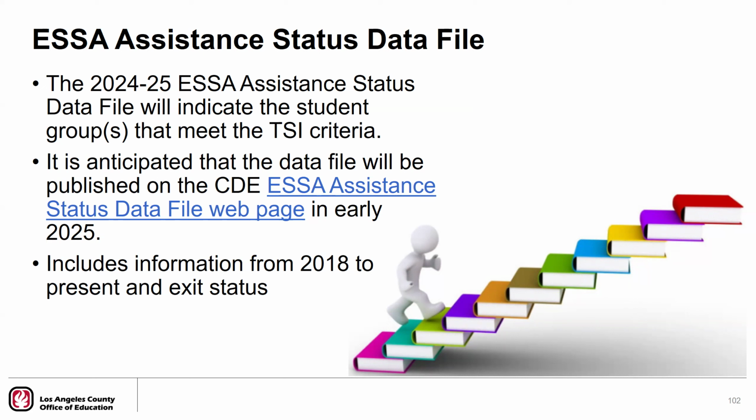This file includes information from 2018 to present, identification for TSI based on the 2023 and 2024 dashboard, and exit status from previous years for CSI or ATSI, which is, of course, something to celebrate.